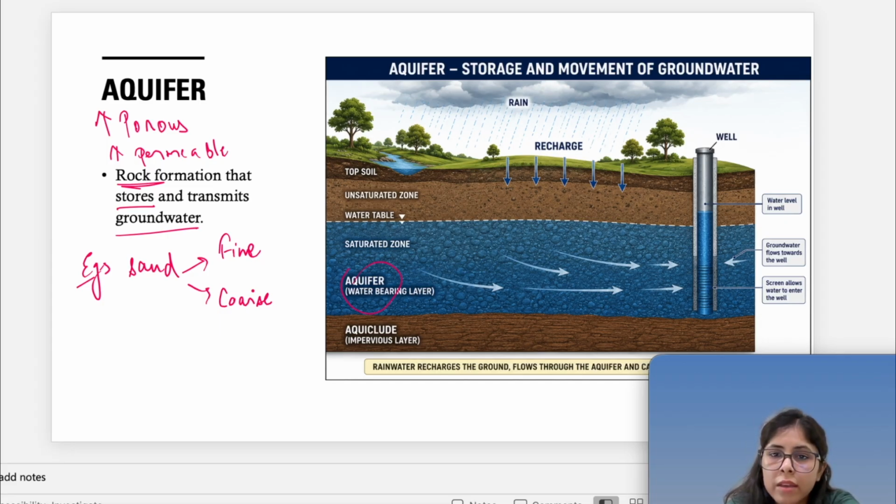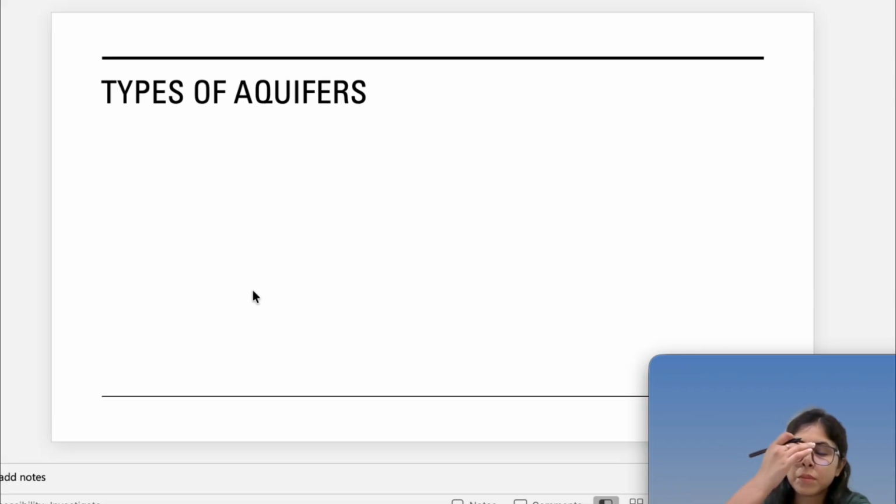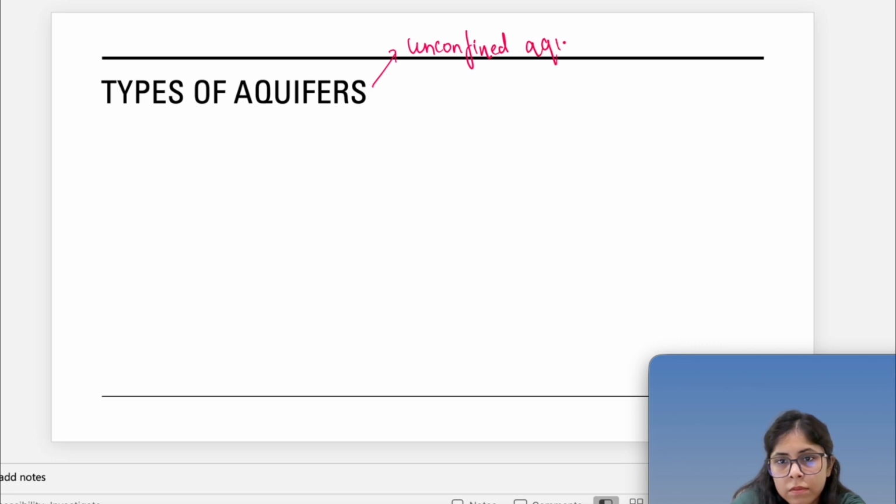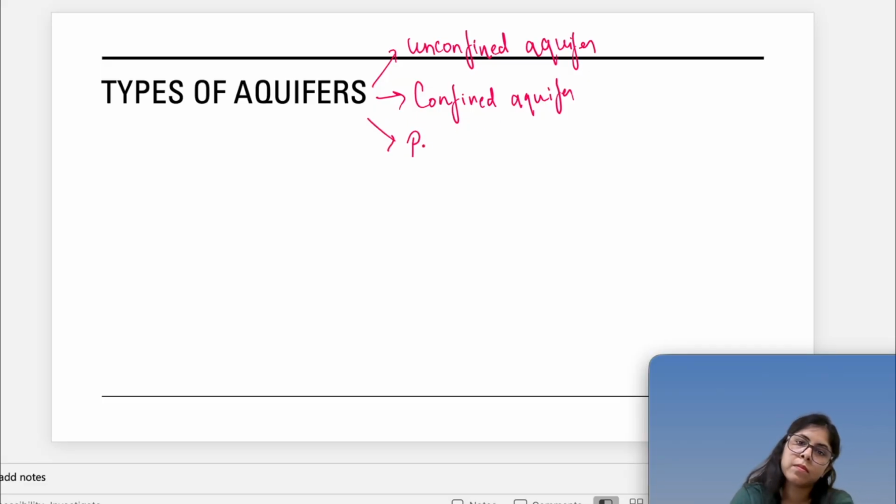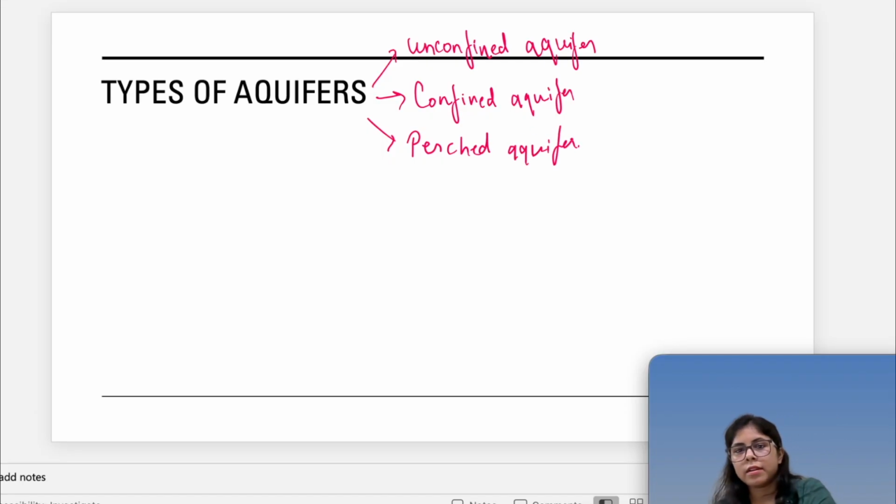Now we have three types of aquifers: unconfined aquifer, confined aquifer, and perched aquifer. In an unconfined aquifer, the upper surface that is fully saturated is the water table only, so we can directly get water from it.